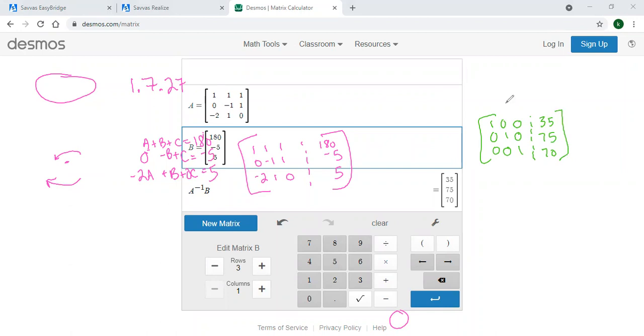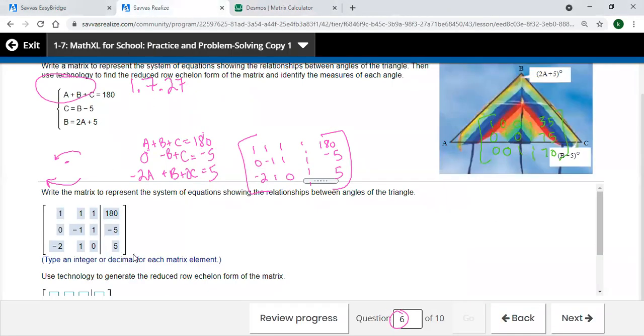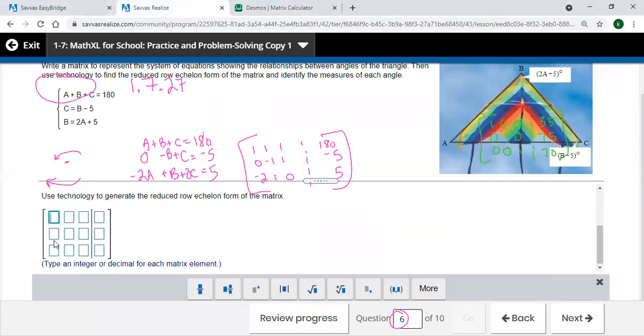So let's go back here, scroll down to that next part. As long as I can read these, one augmented matrix, and then zeros everywhere else after I solve. My answers for each variable right up here, which I think it says 35, 75.